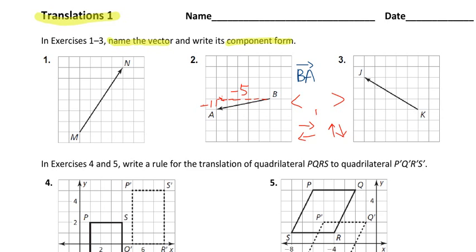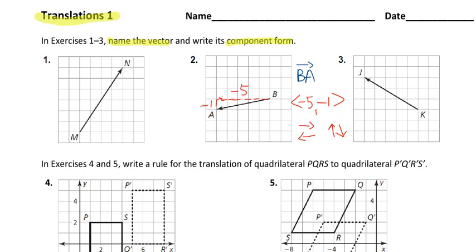So -5 would go first because it shows the horizontal movement, which is to the left. And then -1 will go second because it shows the vertical movement, which in this case is down. So that is how we do these two things. Naming the vector, the same as we used to name rays, and then we write the component form.